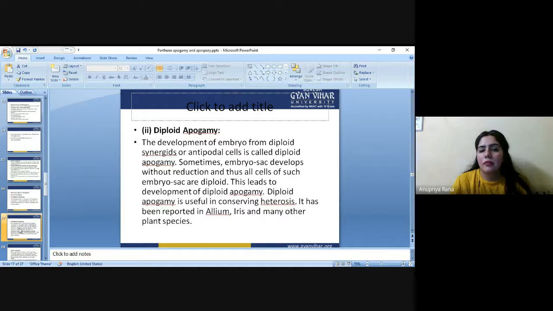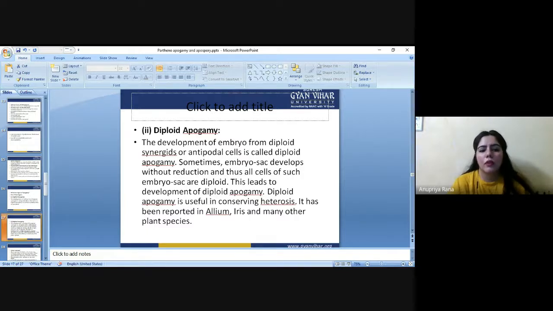When we are talking about apomixis, if we are talking about any kind of haploid one, like haploid parthenogenesis, haploid apogamy, haploid apospory, they are responsible for generating pure lines. Or if we are talking about any kind of diploid one, like apogamy, apospory, parthenogenesis, the main motive is conserving heterosis.